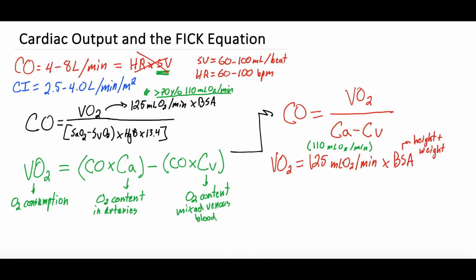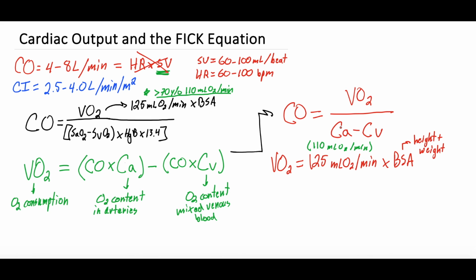Okay, then we have this Ca, Cv, and all that type of thing. How did we get from oxygen content in the arteries minus oxygen content in the veins to this equation, SaO2 minus, I forgot a parenthesis here, minus SvO2 times hemoglobin times 13.4? Well, the way we got here is important, right?